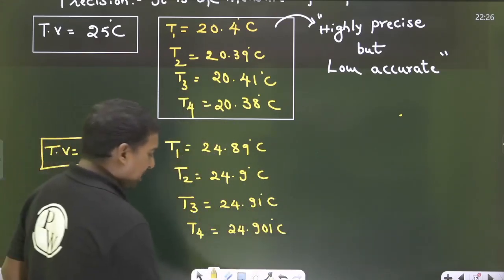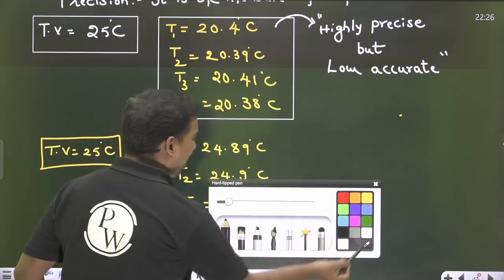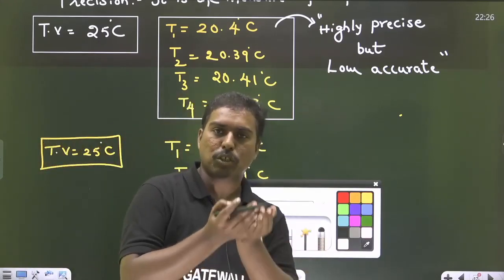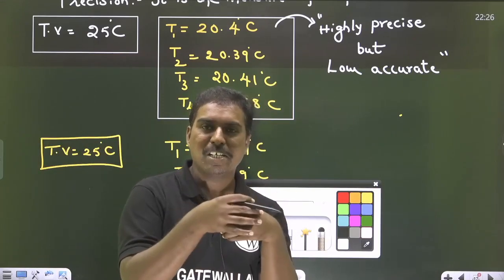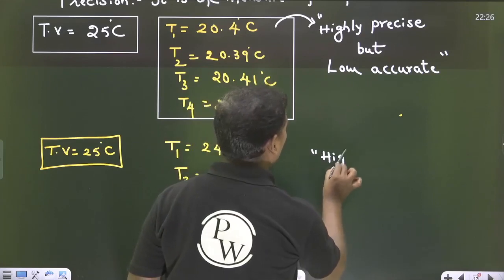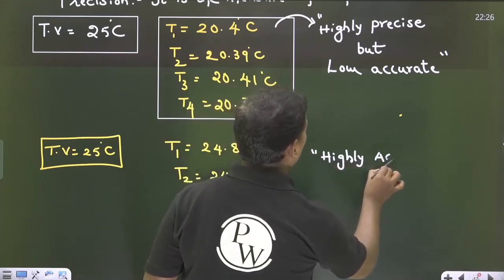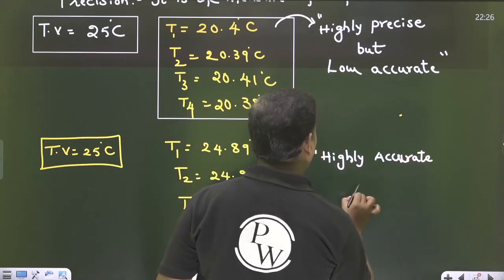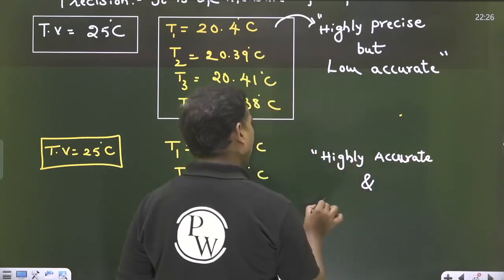Yes, they are accurate, and at the same time, if you see, automatically they are precise. When they are very much accurate, close to the true value, automatically they are precise. So this is highly accurate, and also highly precise.